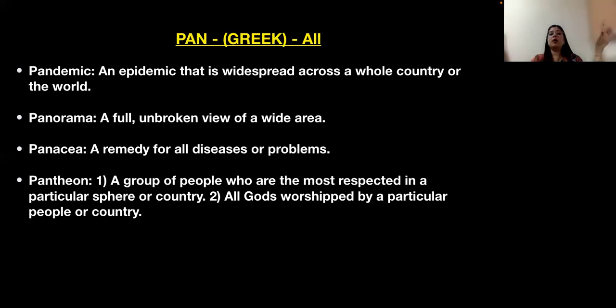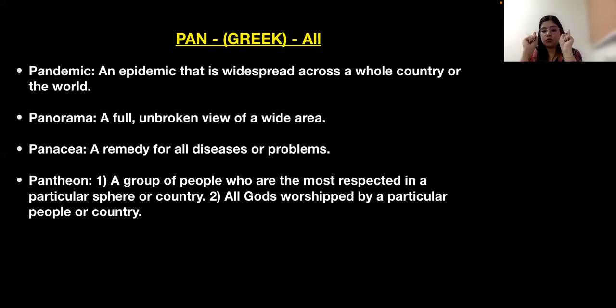Panorama, a full unbroken view of a wide area. Panacea is a remedy for all diseases or all problems. Obviously, it is a hypothetical word, but panacea means a remedy for all the diseases or all the problems.